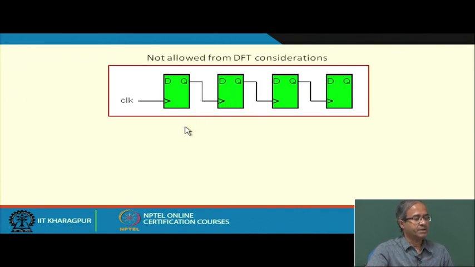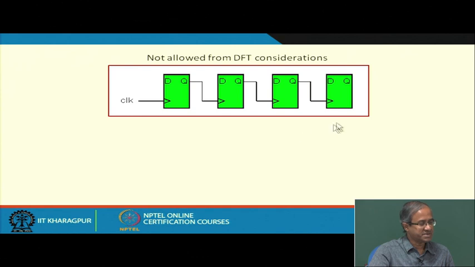Okay. Now, this kind of structure, where the output of a flip flop is being fed to the clock input of the next flip flop, is not allowed from testability considerations, design for test, because for DFT, when you want to put these flip flops in a scan chain, you need the clock signal to be fed to all of them.